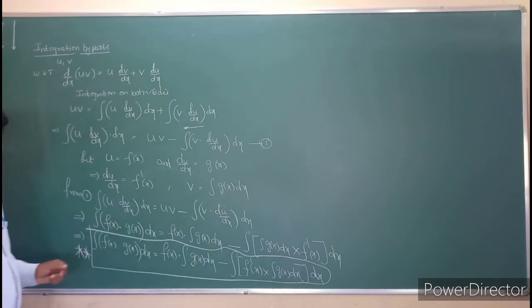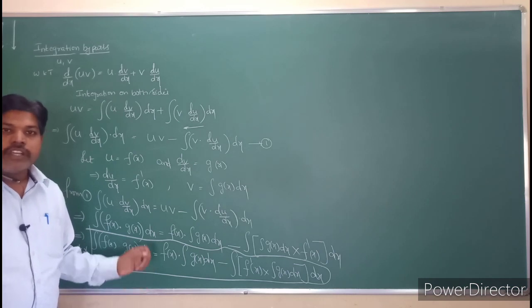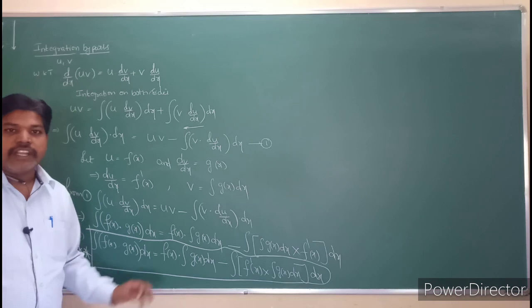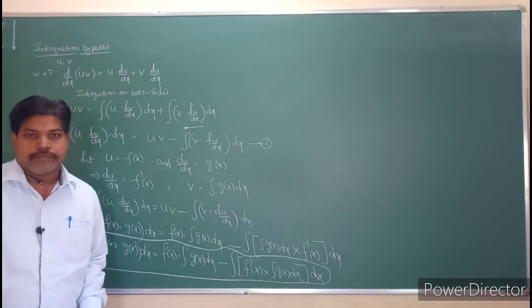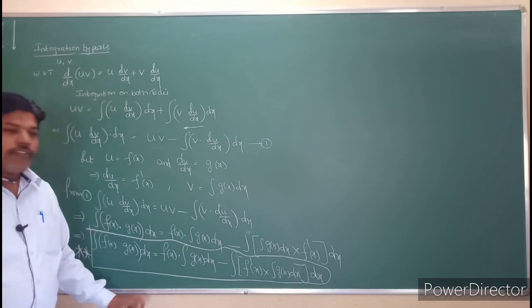Once again, the integral of f of x into g of x into dx is equal to f of x into the integral of g of x minus the integral of f dash of x into the integral of g of x into dx. So this is the formula we are using here. Okay, very important conditions.